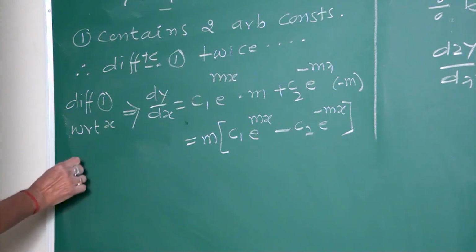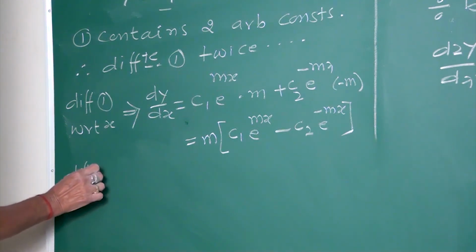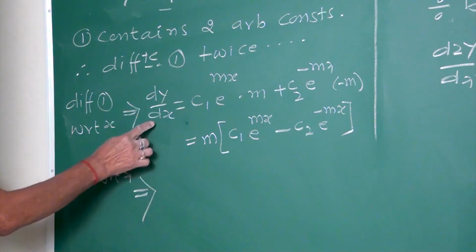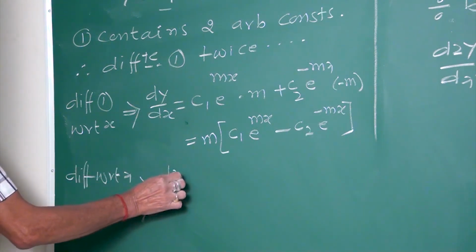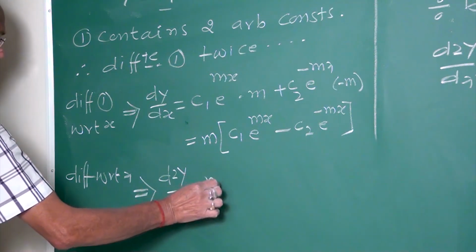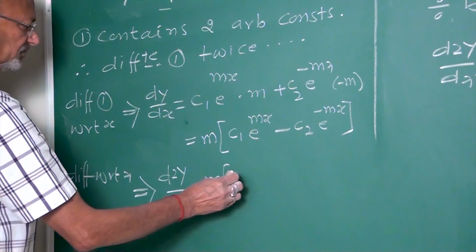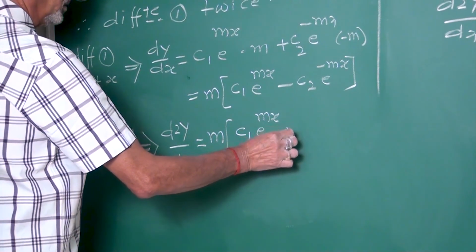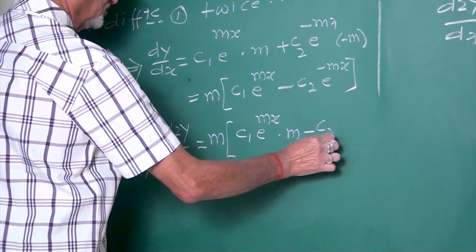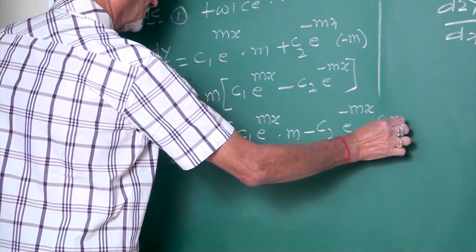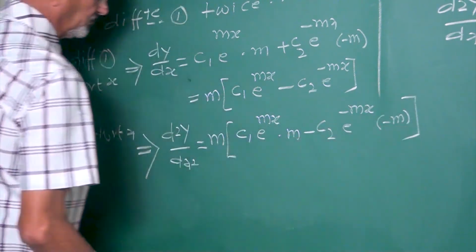Differentiate again with respect to x. Derivative of first derivative, second derivative. m being a constant stays as it is. Same, C1 e to the power mx, derivative of power is m, minus C2 e to the power minus mx, derivative of power is minus m.